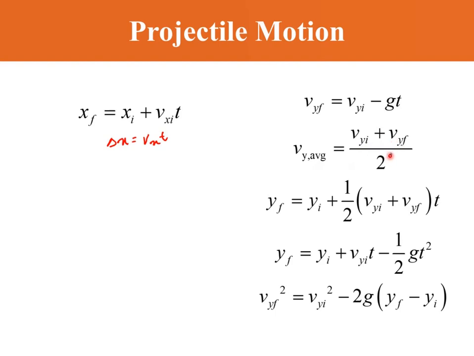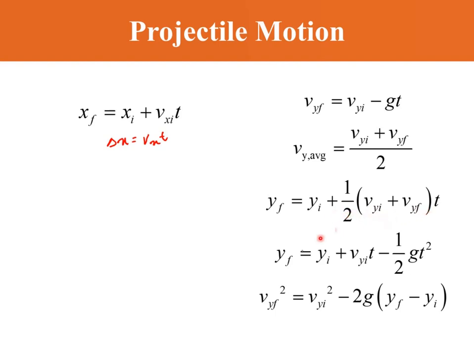In my experience, this equation is very rarely used. Then delta y equals half times v initial plus v final, times t.